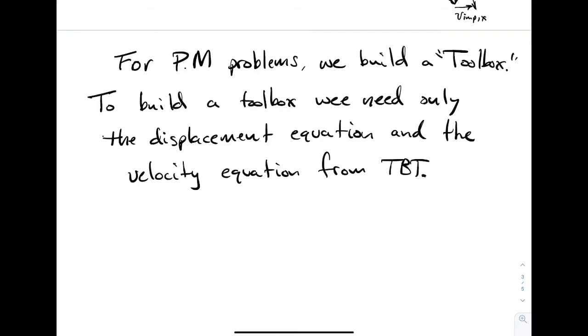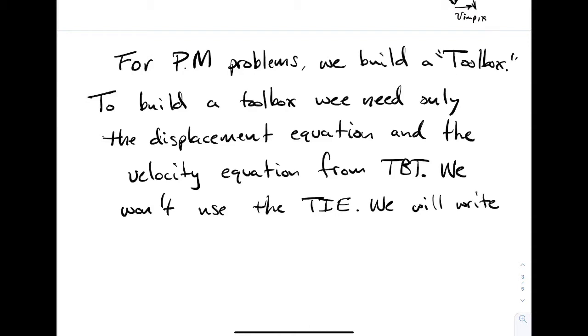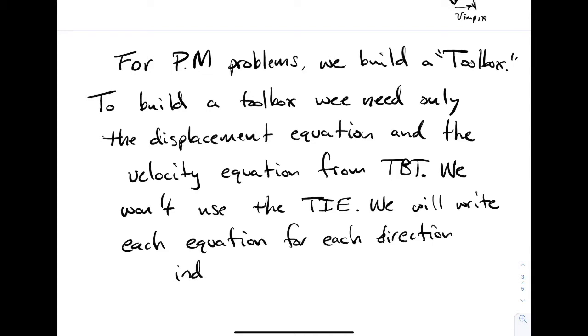More specifically, what I'm really saying is we won't use the time-independent equation. The other fundamental point that I need to make here is that we will write each equation for each direction separately. Direction independently, so it matches our original language.